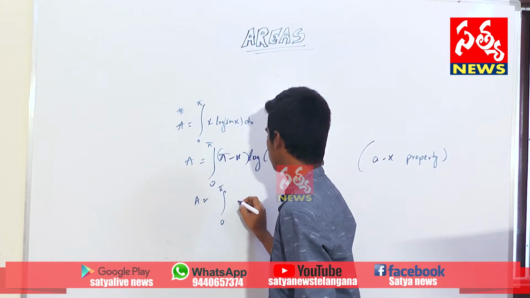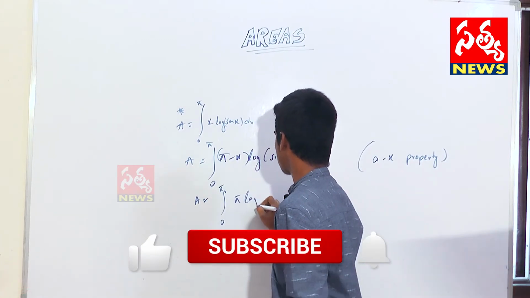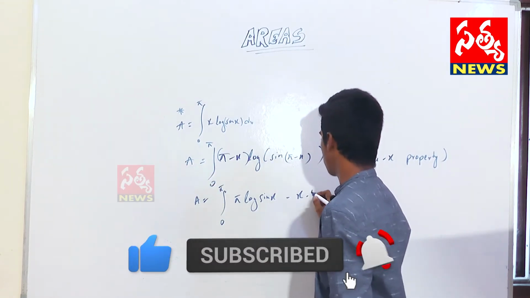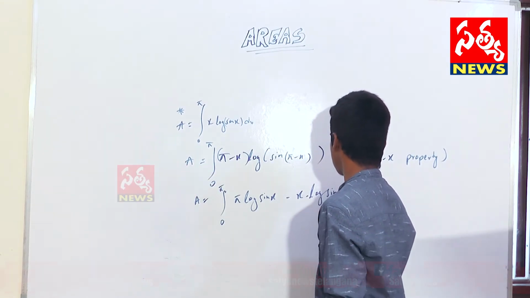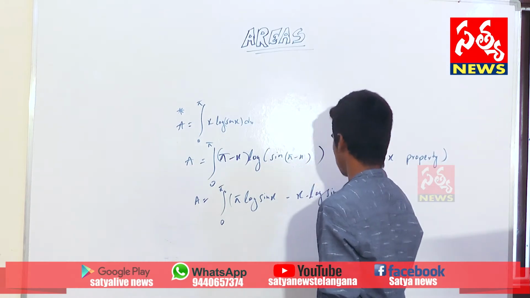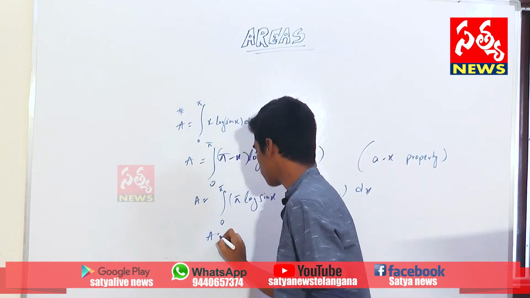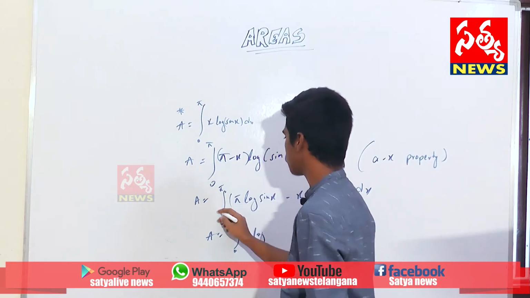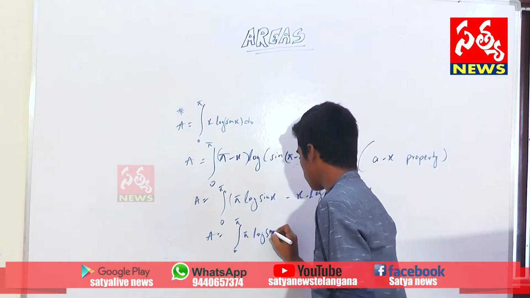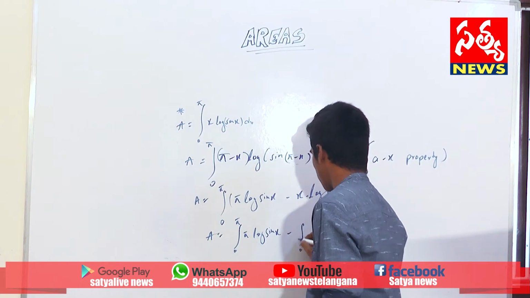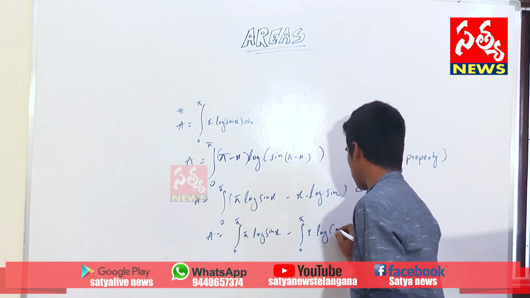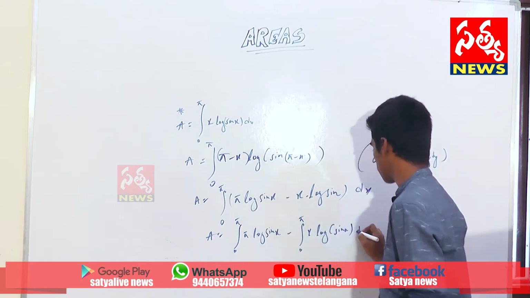Integration 0 to pi of pi minus x into log sin x dx. As we can split the integration, we can write it like this: integration 0 to pi of pi log sin x dx minus integration 0 to pi of x log sin x dx.